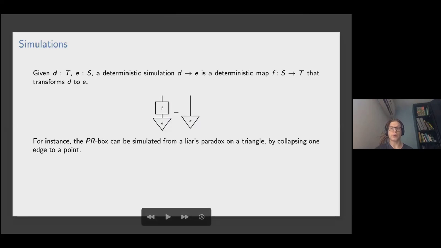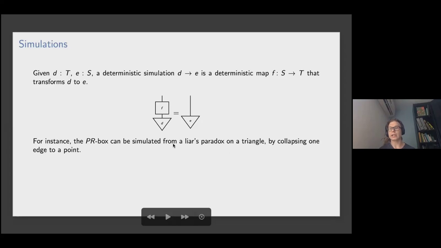So here's one example of what you can do with this. If you think of the PR box that we had in an earlier slide, that's a system on a square. Well, you could also think of Specker's parable of the seer on a triangle. So you have 3 measurements, any 2 of which are possible to measure, but you can't measure all at once. Well, you can imagine a system like that on the triangle. And it turns out that that's powerful enough to simulate the PR box.